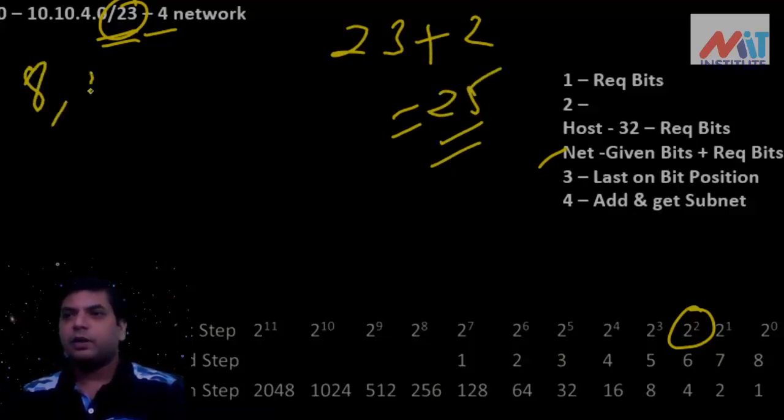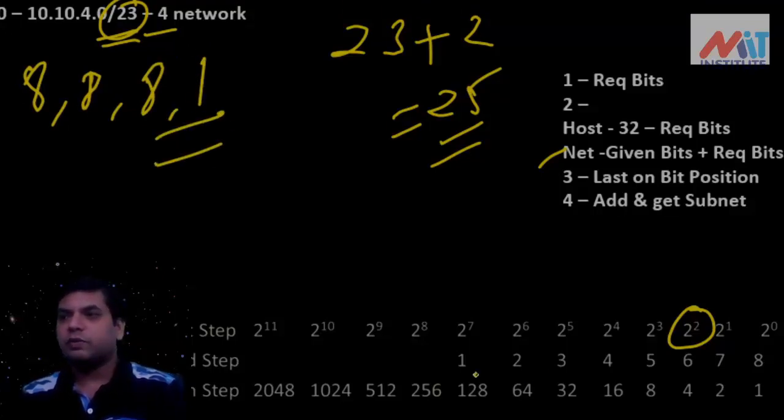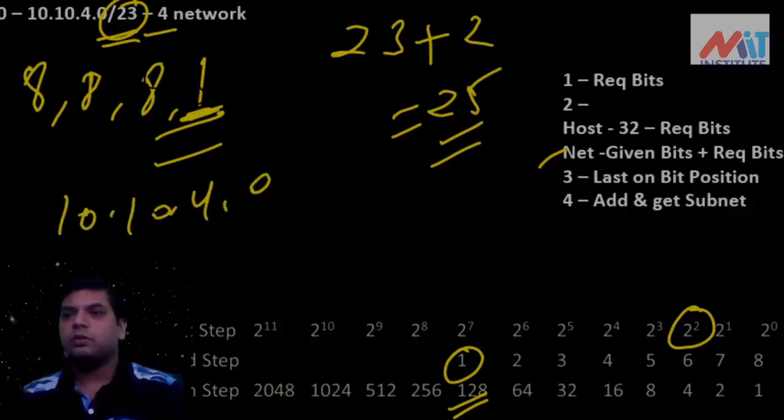With /25, 8 on, 8 on, 8 on, and 1 on. So the position is 1, and 1 means we need to add 128, but in the 4th octet, because now we have the last on bit in the 4th octet. So 10.10.4.0, 10.10.4.128.